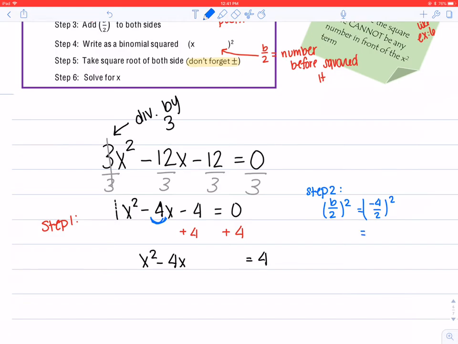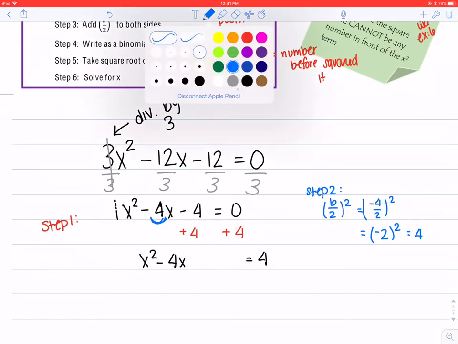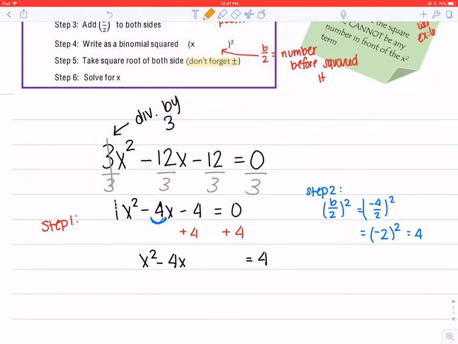Negative 4 divided by 2 gives me negative 2. And then I'm going to square it. Now, if you type this in your calculator, you have to put parentheses negative 2, close parentheses squared, because that says negative 2 times negative 2, which gives me positive 4. So step 3 says take that number you just got and add it to both sides.